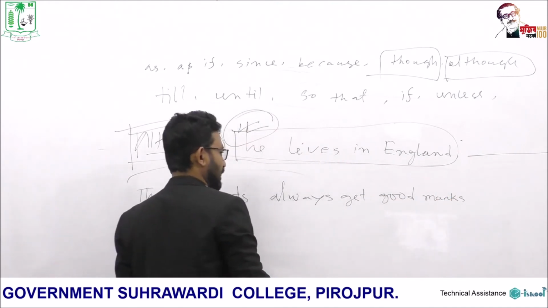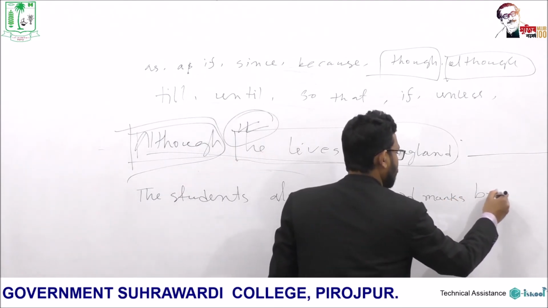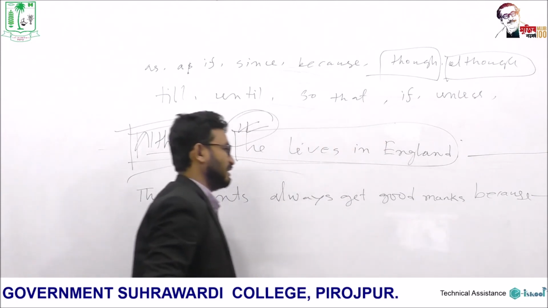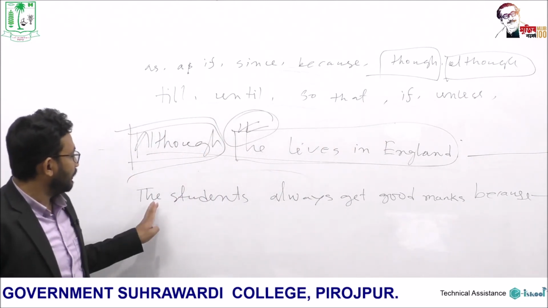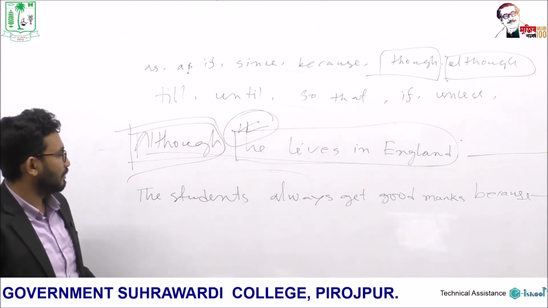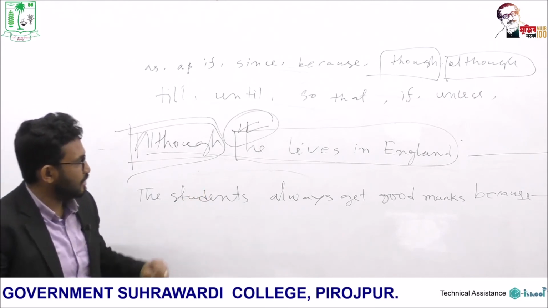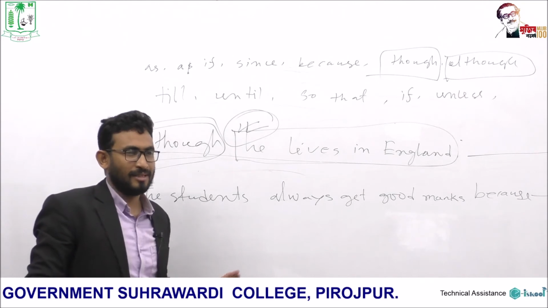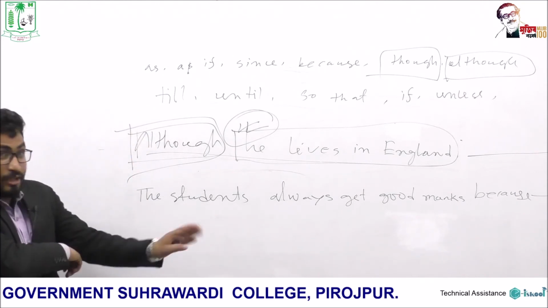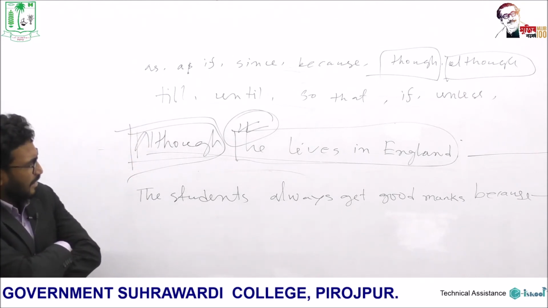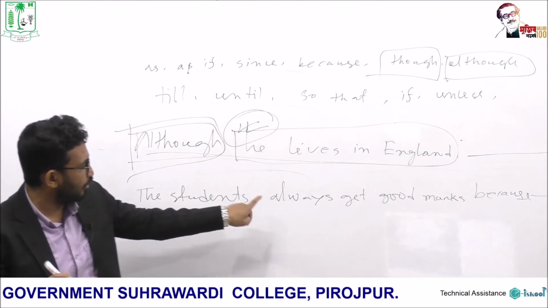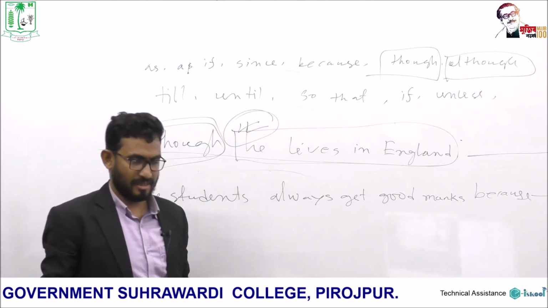I have written a sentence and you have to complete this sentence: The students always get good marks because. Look at this incomplete sentence. What is here? There is one clause, the students always get good marks.